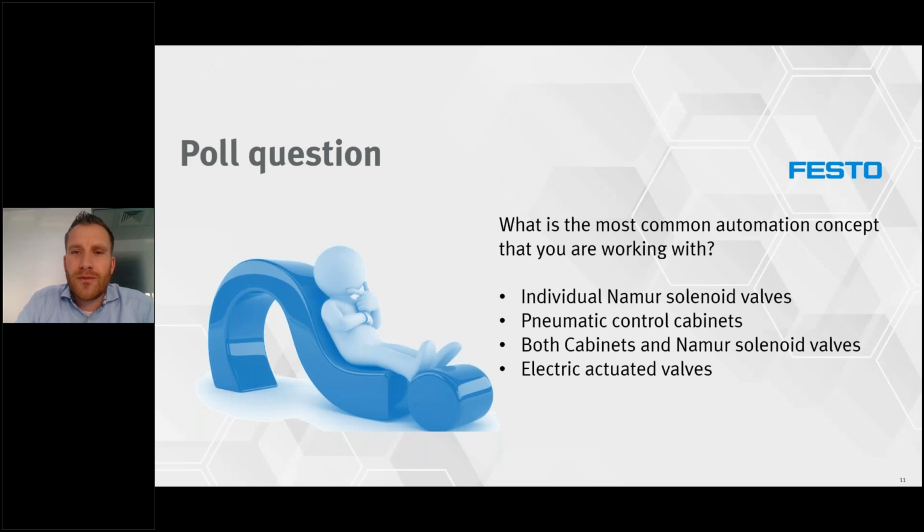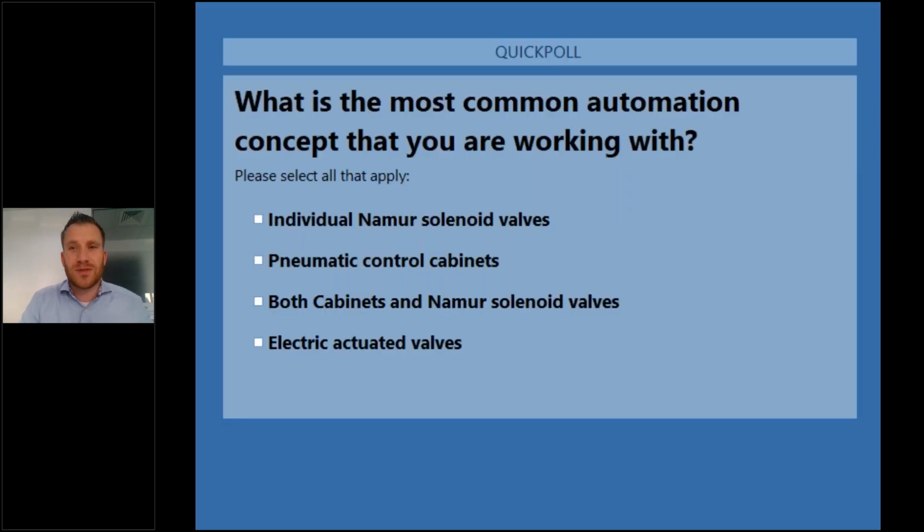So we were interested, what is the most common automation concept that you are working with? Again, like the questions before, please feel free to provide your answers. And again, multiple answers are possible. Okay, the answers are coming in.